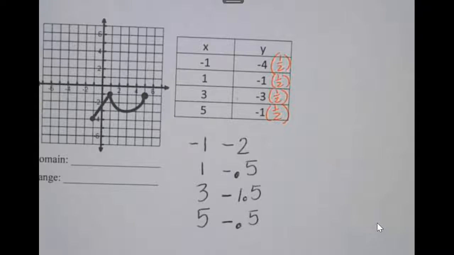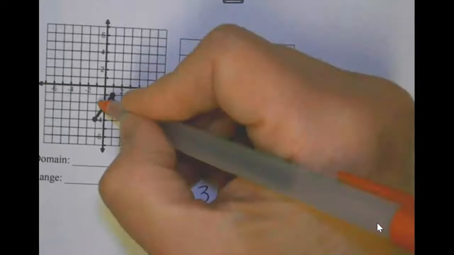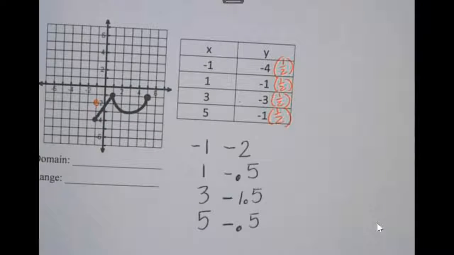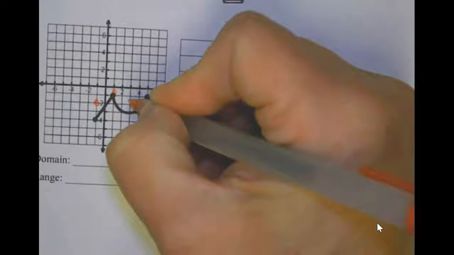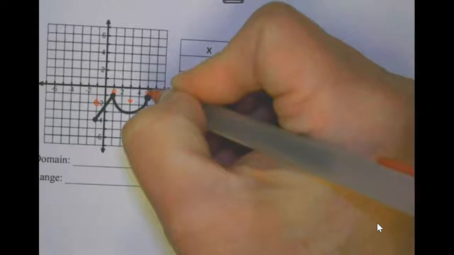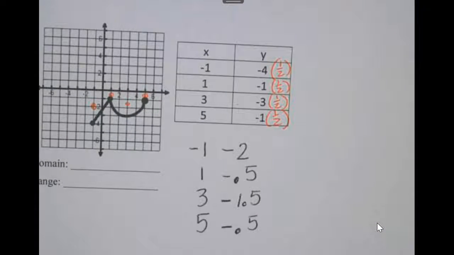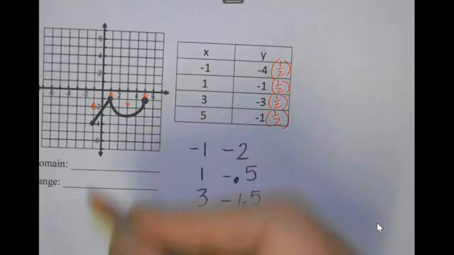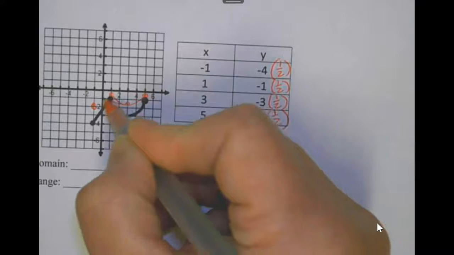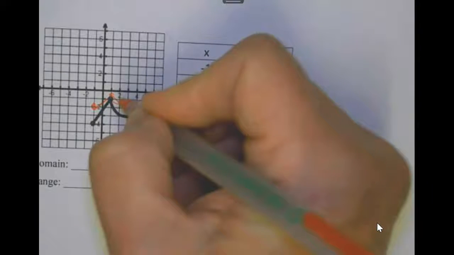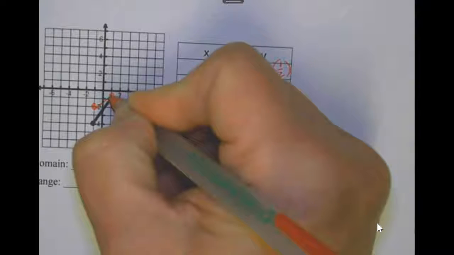So my points for my new graph are going to be here. That's why it is called a shrink or a compression, because it looks like it is smaller.